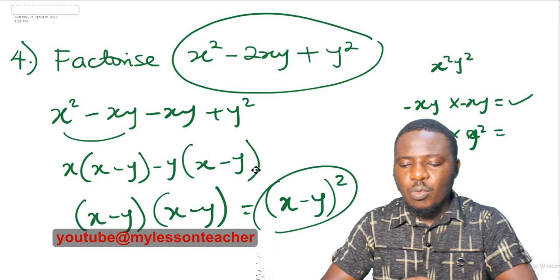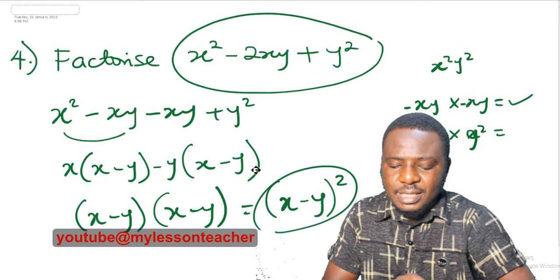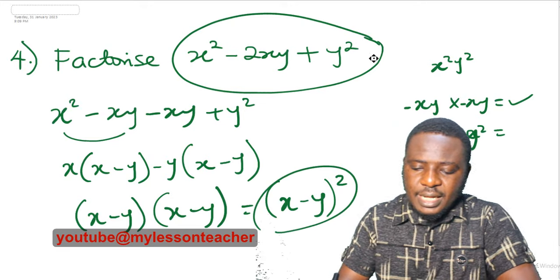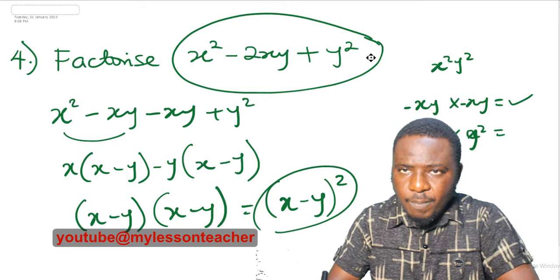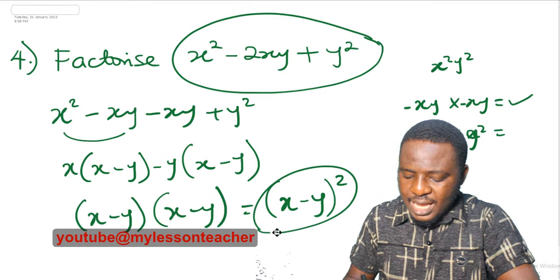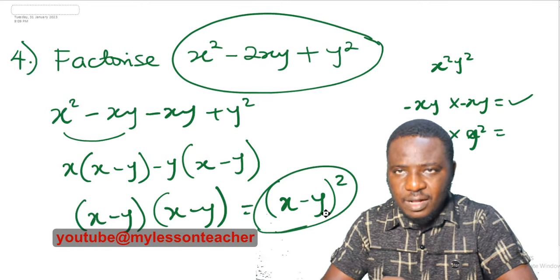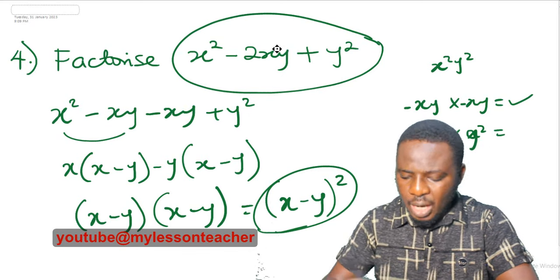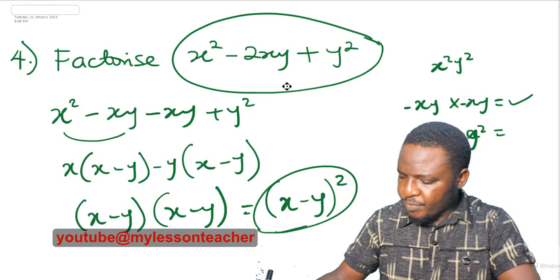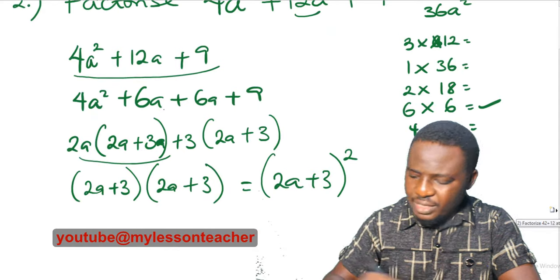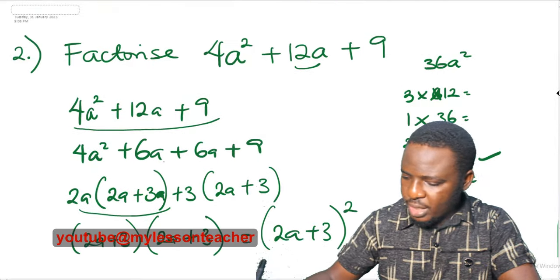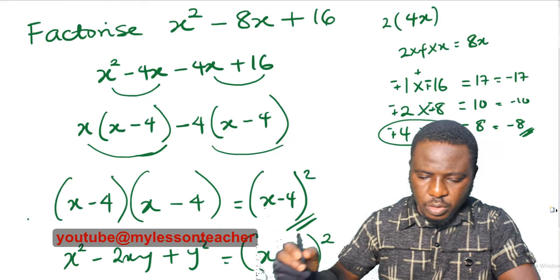Remember what the rule says, that any quadratic expression that is in this form will give us this as its factor. So how do we get this from this? Having this at the back of your mind, you can use it in solving the first two examples I gave. Now, let's go back to the first two examples.